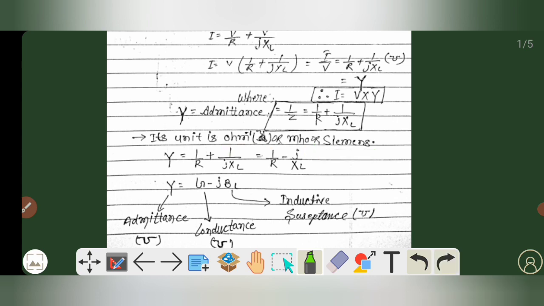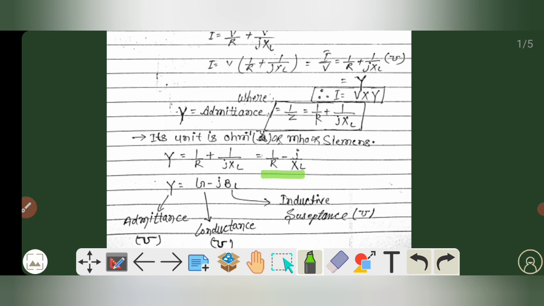As we know, admittance Y is equal to 1 by R plus 1 by JXL. If we move the J to the numerator, it becomes negative, and the whole equation becomes 1 by R minus J by XL.